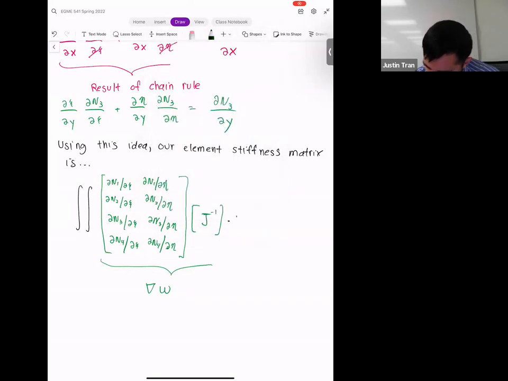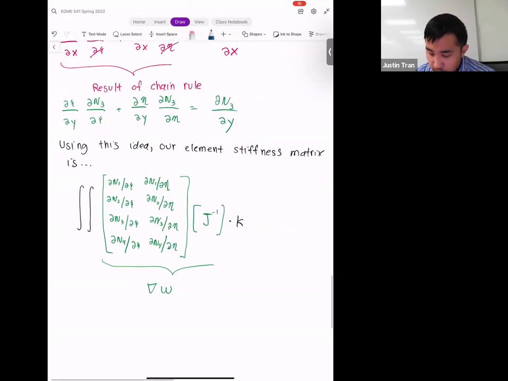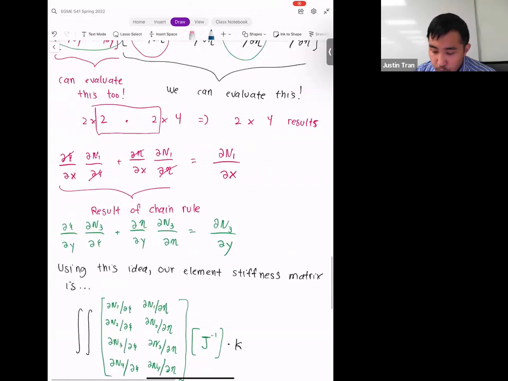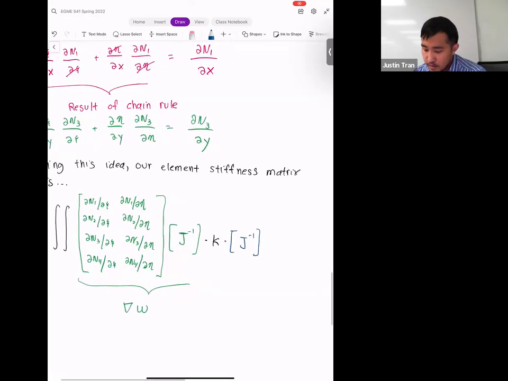The next thing we multiply is K, the thermal conductivity, and good old K doesn't really change. He's just a constant. Next thing we have, of course, is the gradient of T, and that's exactly what we expressed up here. The gradient of T here is going to be the Jacobian inverse. This time we're pre-multiplying it because of how we structured that.